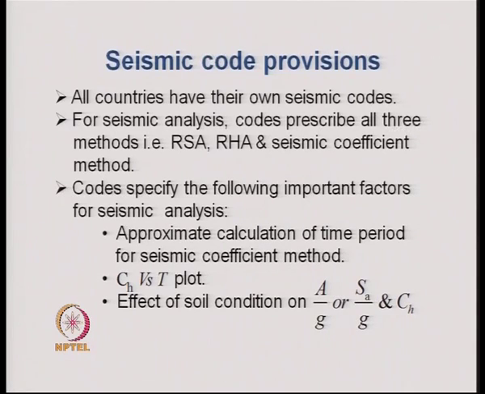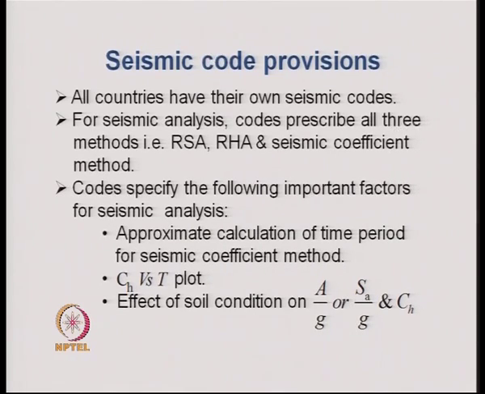In spite of that, the seismic coefficient method of analysis has become very popular with earthquake engineers, and for most structures, especially building structures, they use the seismic coefficient method for finding the forces for which they would design the structures for earthquake.